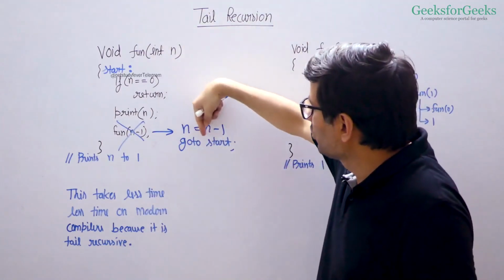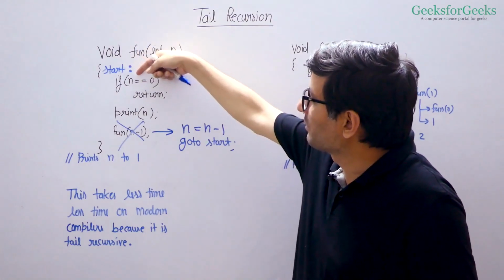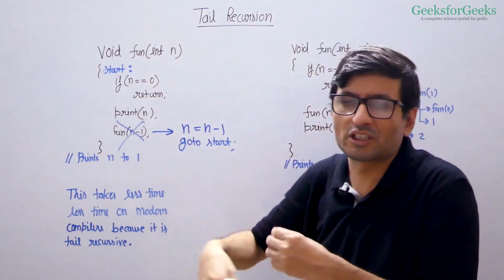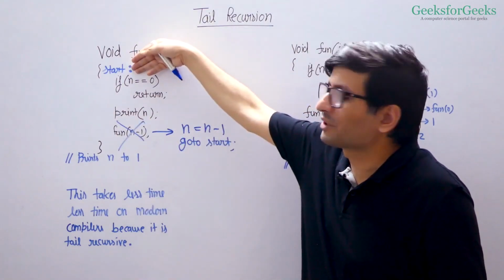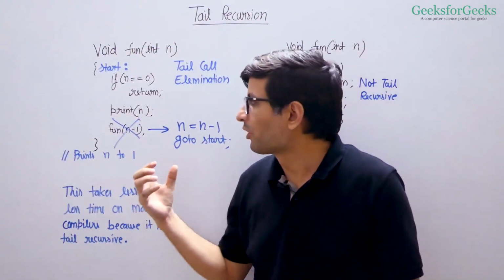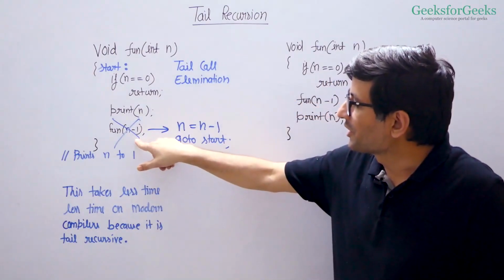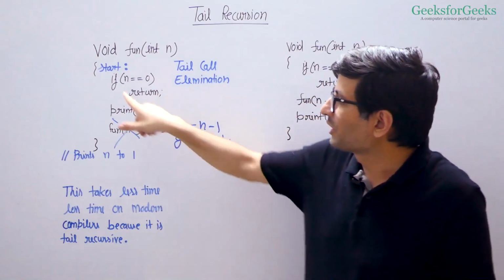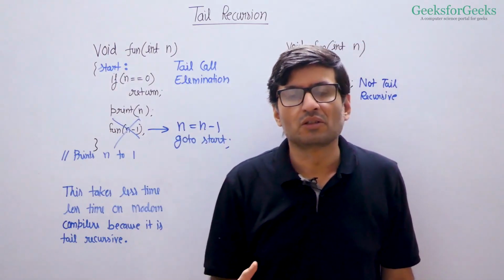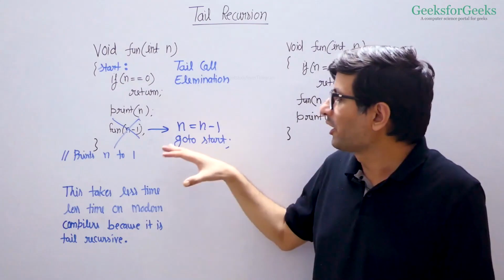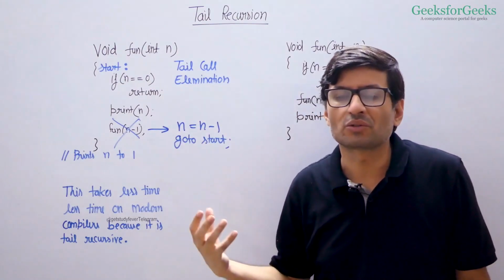It's go to this label and this label begins the execution again from here. So you're just changing the parameters of recursion and then sending the control back to the beginning of this function. These changes that modern compilers make, changing the parameter, then adding go to and then adding a label, are called tail call elimination. Modern compilers do tail call elimination to optimize the code.